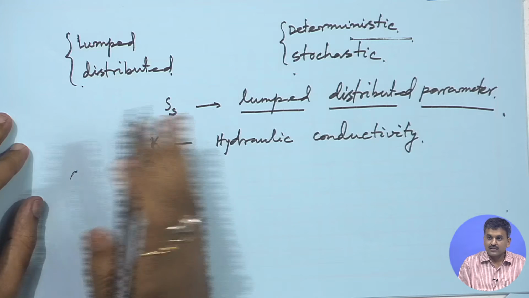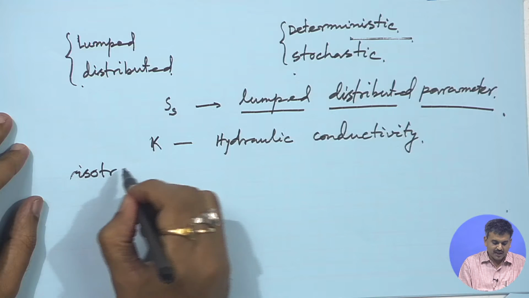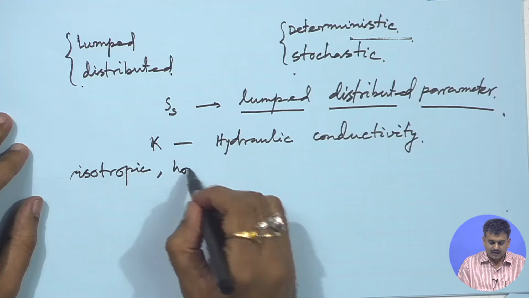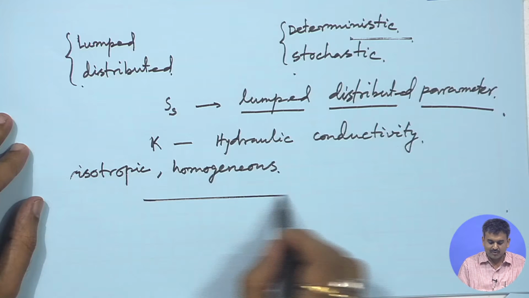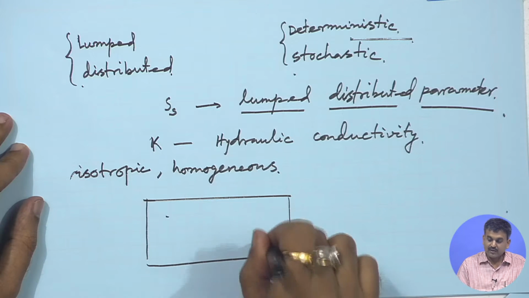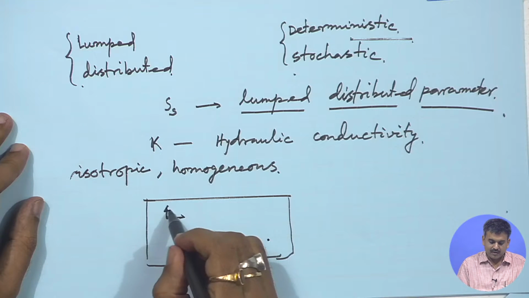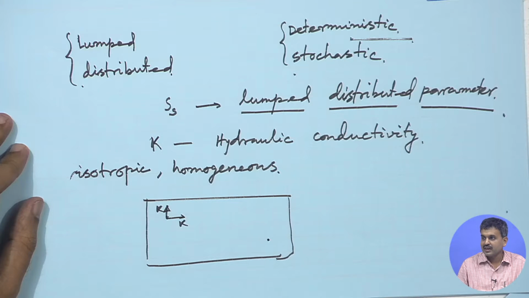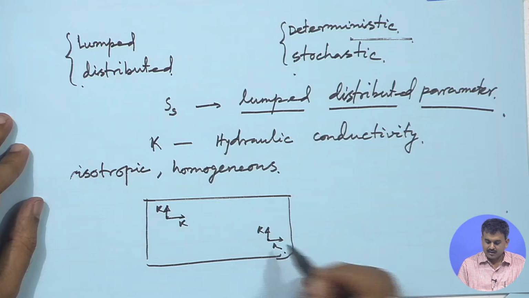In hydraulic conductivity, you can have different combinations. One is isotropic homogeneous. Isotropic homogeneous means that if you consider two different locations within your domain, your values will not change either in direction or in space. Okay.